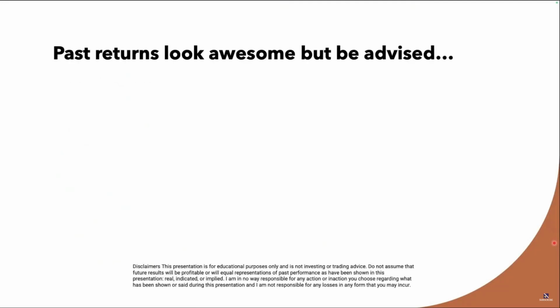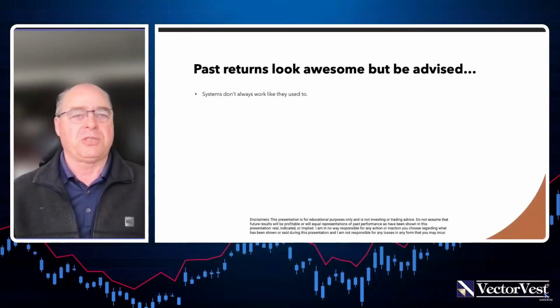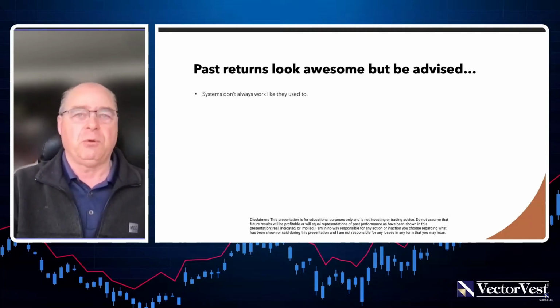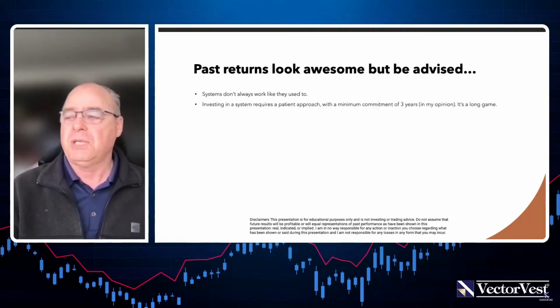But it always looks good, but systems don't always work like they used to. I think you can look at some of the trading systems in Trading Systems Viewer, and portfolios that did very well in certain years don't seem to be performing, and it's not like they won't perform well again, just that they're not doing it now.